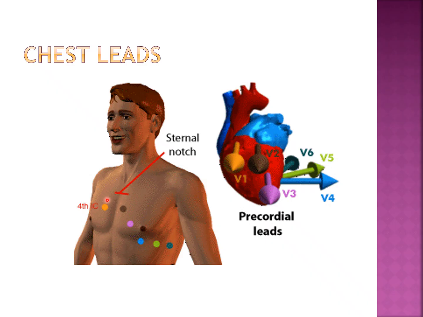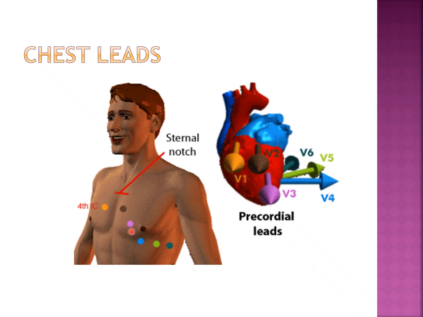So V1 should be negative, right? V2 has a little bit of electricity coming at it, but the majority is going away from it. So V2 on an EKG might have a little upward spike, and then the majority of the QRS complex is going to be downward.